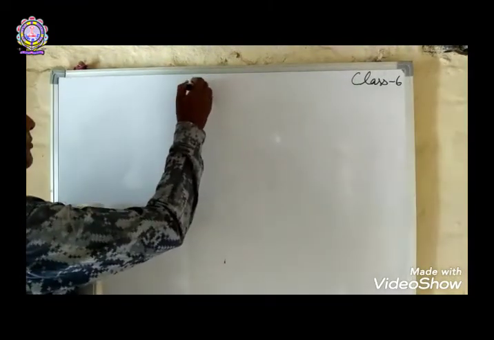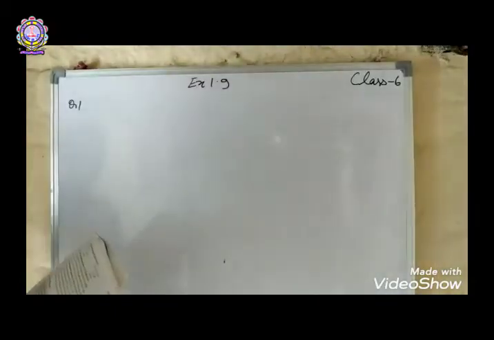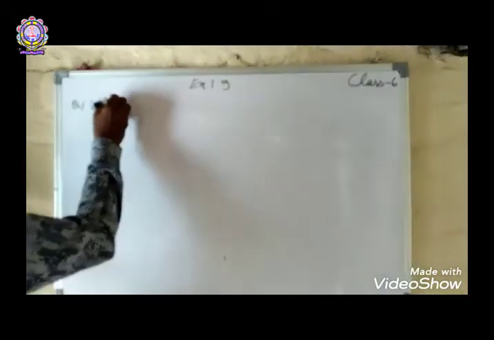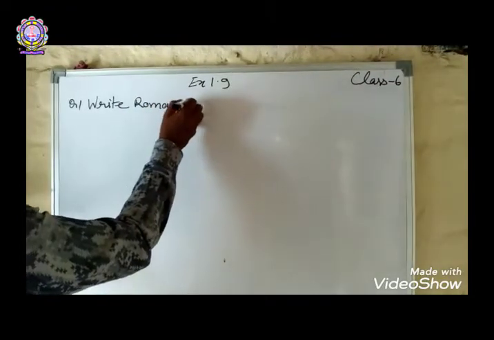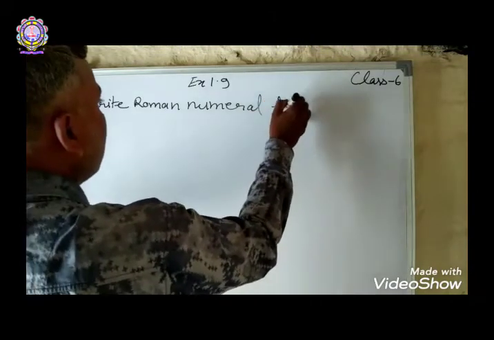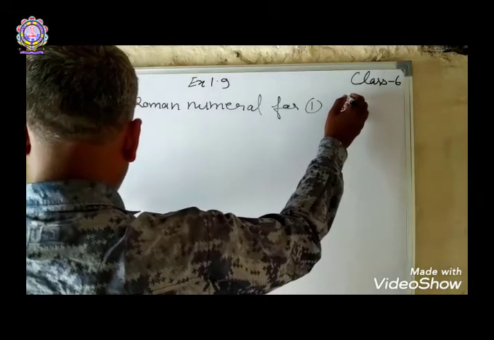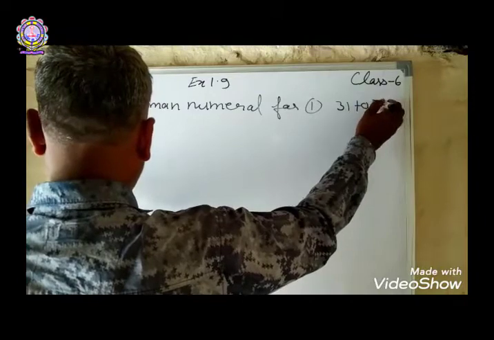Now we solve exercise 1.9. Question number 1. Write the Roman numeral for 31 to 39.